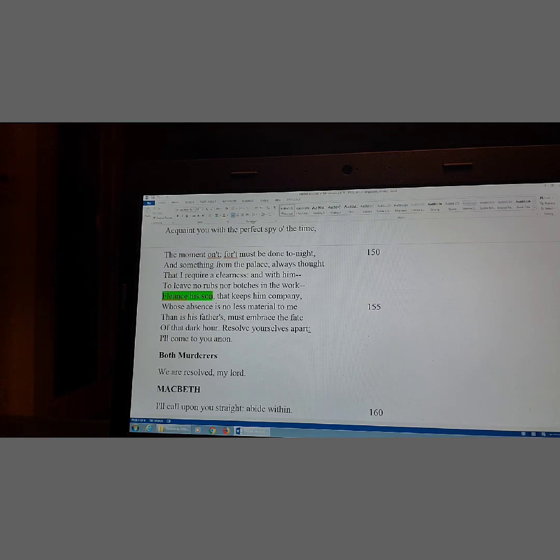So Fleance his son, that keeps him company, whose absence is no less material to me than his father's, must embrace the fate of that dark hour. In other words, he must die.